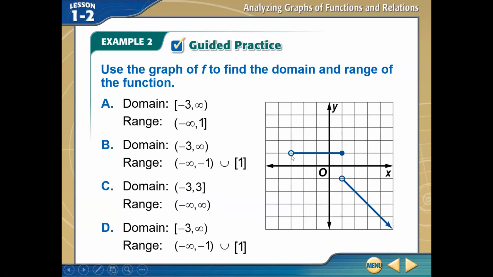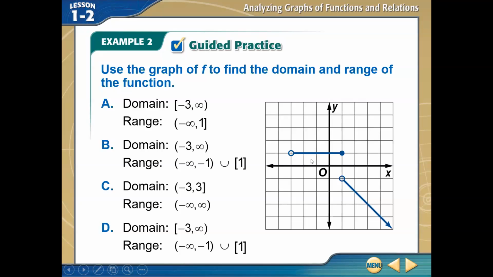Okay, so once again, we want to analyze and make sure that our individual parts are continuous where we actually have the graph, and then after the jump, we want to make sure that it's continuous here as well. So you can see our domain is 1, 2, 3. It's not inclusive of negative 3, but then it extends all the way to 1, and this point makes it a function to this point.